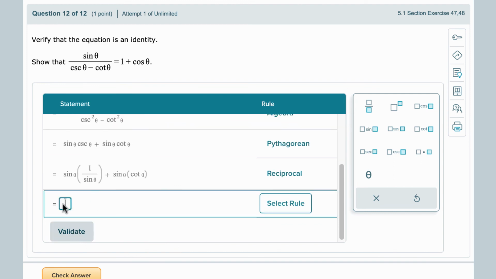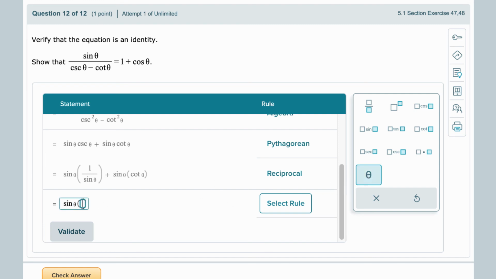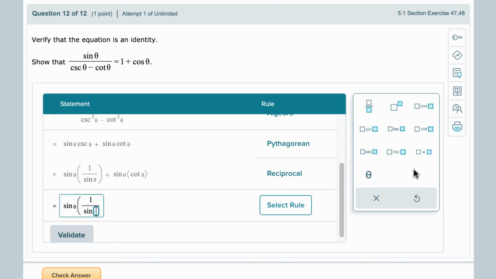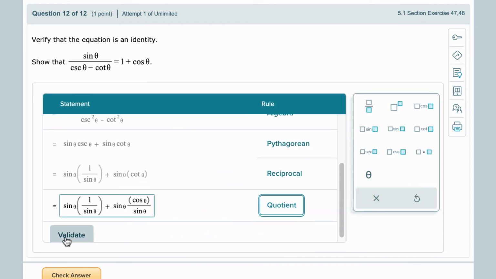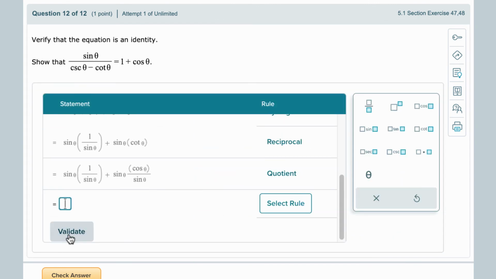So let me now rewrite what we had. I'm going to leave the 1 over sine theta alone. We don't have to say we're using the reciprocal rule because it's already been done. But now we're going to say we're using a quotient rule. And it works. At this point now we can use a lot of algebra to simplify.